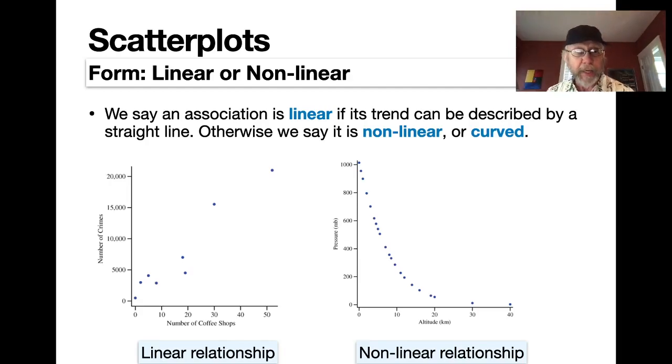It's a very strong relationship, it's just not linear. It's strong because if I tell you that you're at an altitude of 10 kilometers, then you can see from the graph that you would predict maybe 330 or 340 as the barometric pressure at that altitude. So a very accurate prediction could be made of barometric pressure from altitude, but it's a nonlinear relationship because the trend just isn't a straight line.